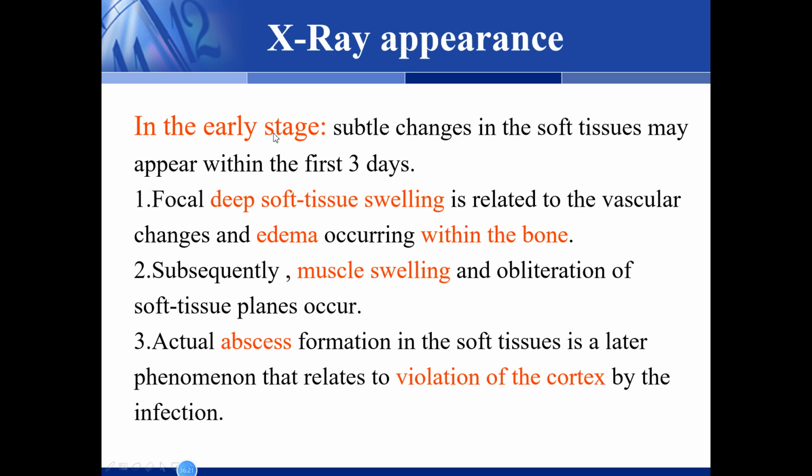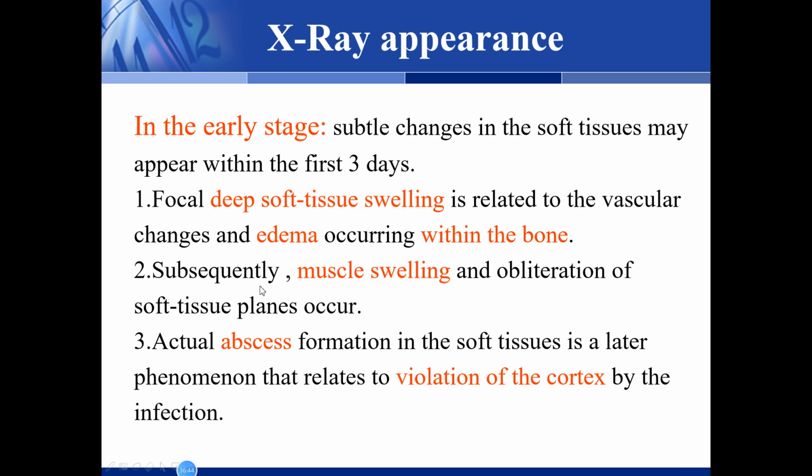And the X-ray appearance. In the early stage, subtle changes in the soft tissue may appear within the first days. One, focal deep soft tissue swelling is related to the vascular changes and edema occurring within the bone.